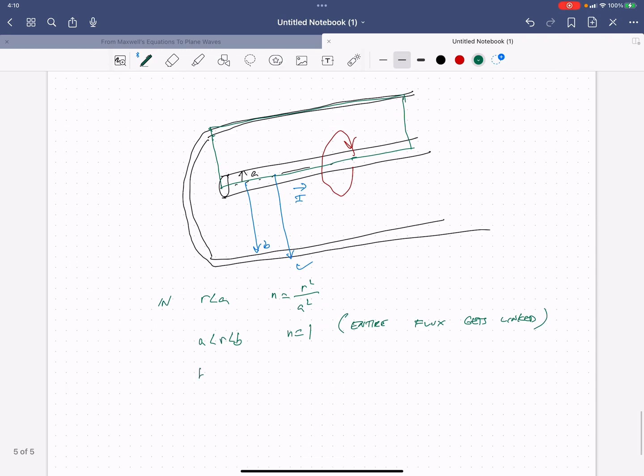And in the case of R between B and C, N is equal to 1 minus (R squared minus B squared) over (C squared minus B squared).